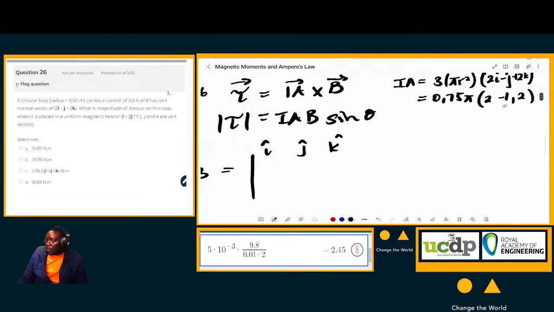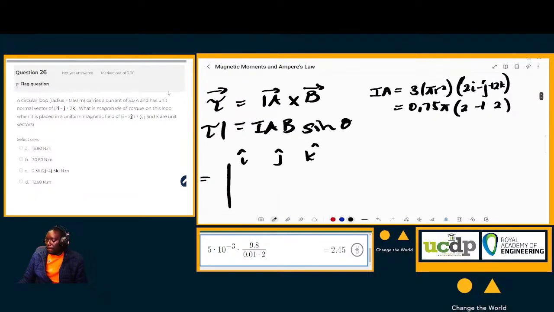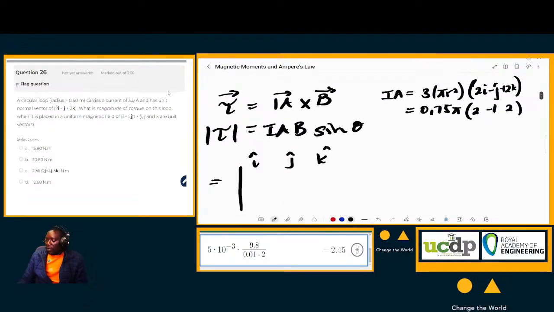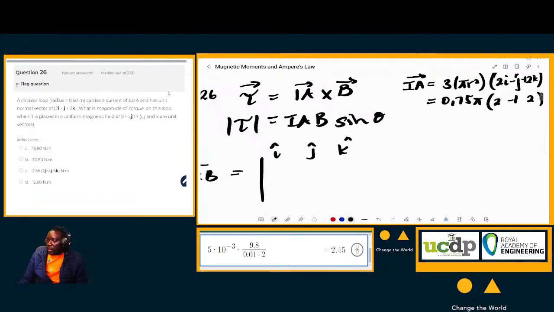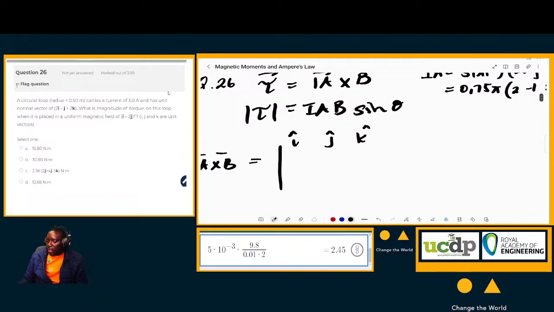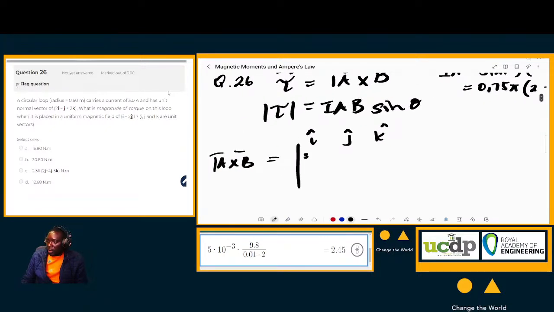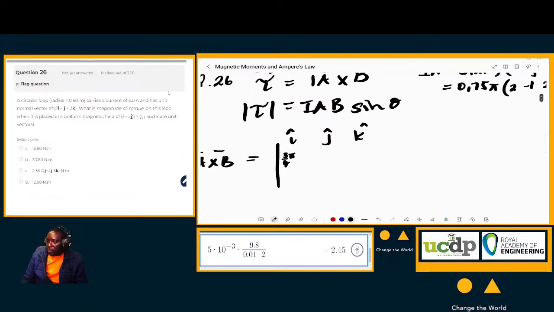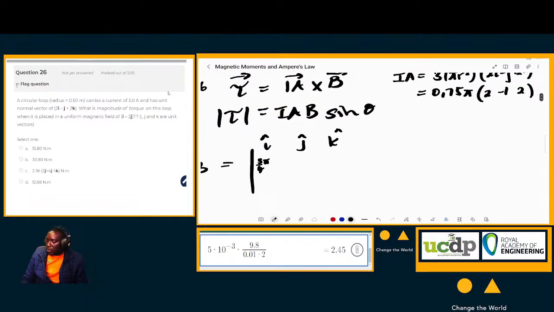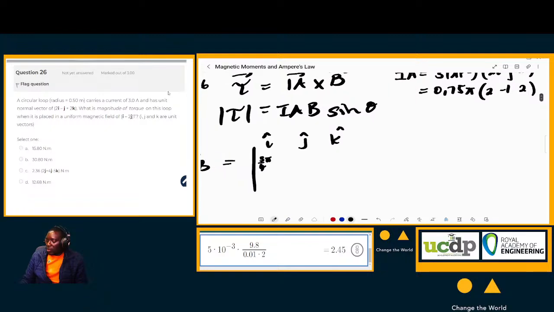So that's basically our vector form of IA. That's 3 pi over 4, multiplied by 2, or 0.75 by 2, that's 1.5.